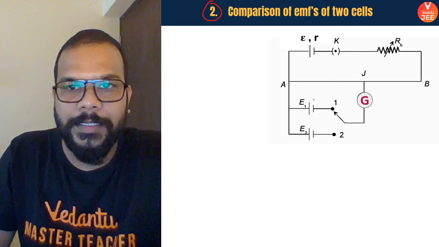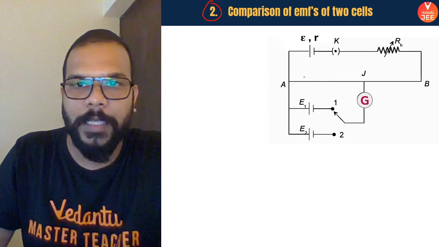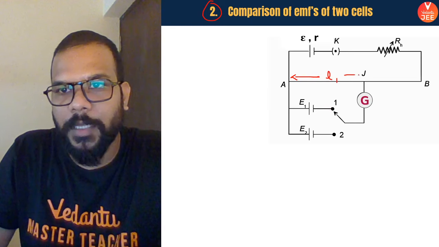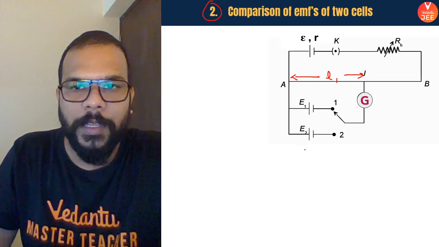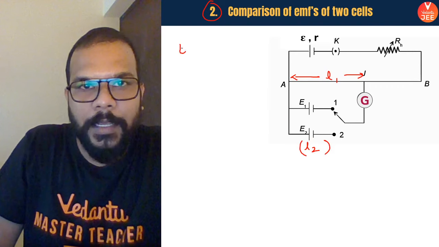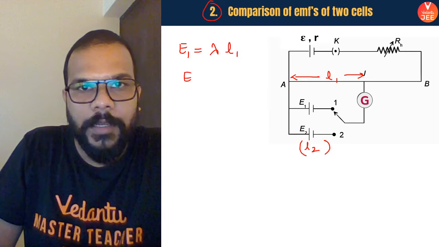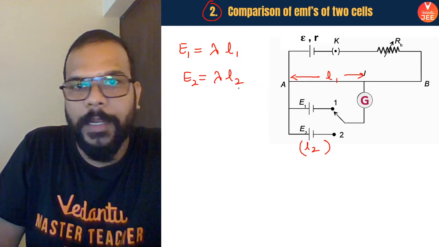So say you have this cell E1 and the other cell is E2, and when cell E1 was connected, maybe the balancing length was coming out to be L1, and when E2 will be connected, the balancing length will come out to be L2. So we can say that very simply, E1 should be equal to lambda times L1, and when E2 is balanced, it comes out to be lambda times L2.